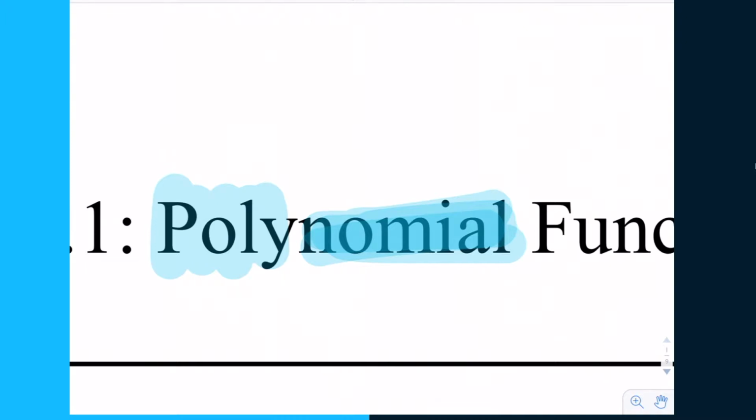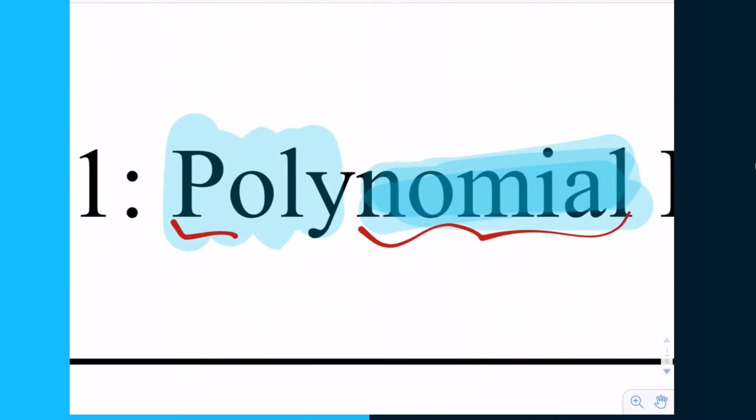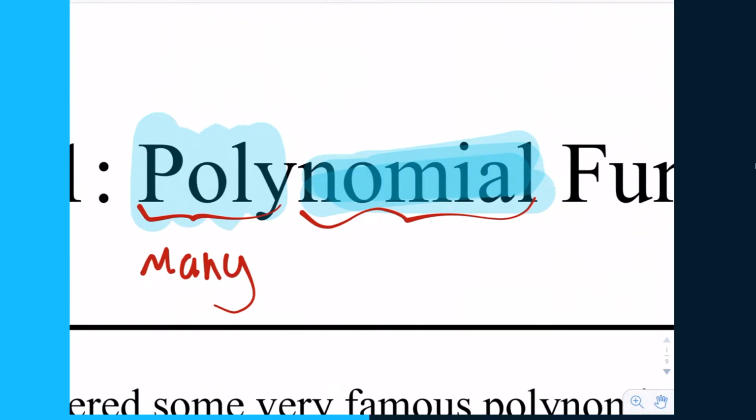So polynomial means many nomials. So what does nomial mean? Y'all know what nomenclature is? Like in science, you have your binomial nomenclature. Genus, species, Homo sapien.